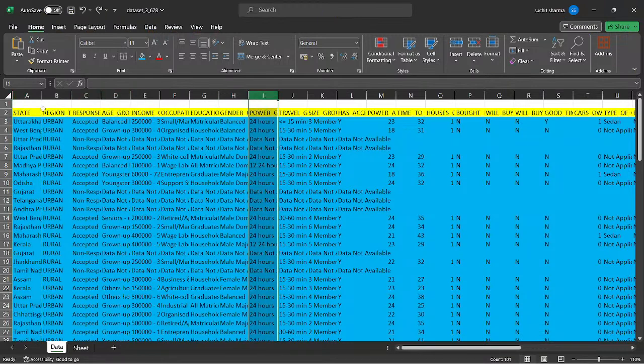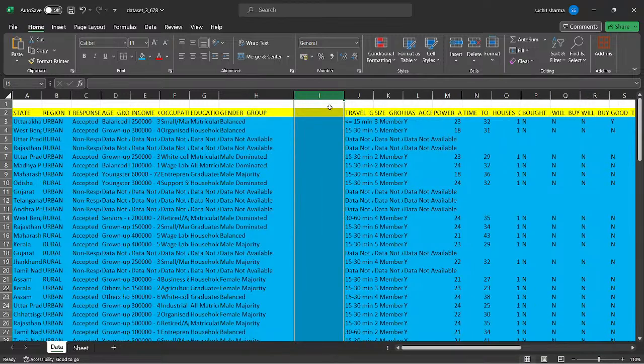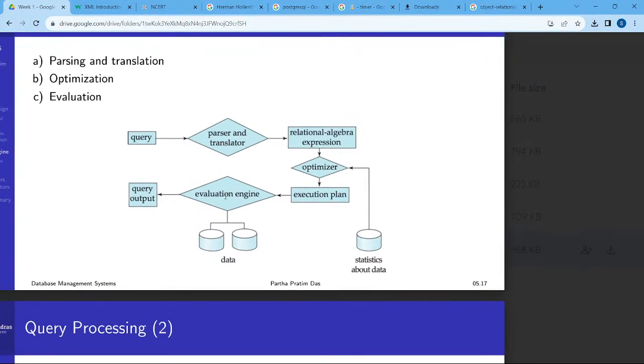It would go from A to B to F to G to H to I. Once it reaches I, it would just delete the data. That's how a query is processed. That's what query processing is.